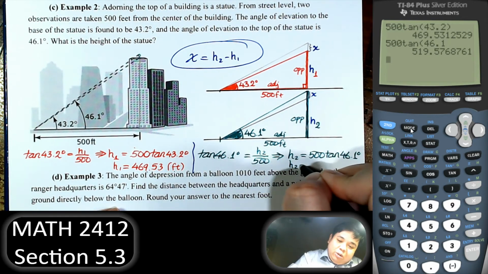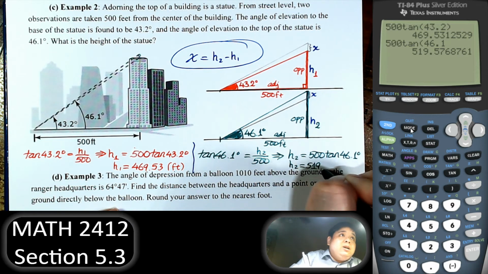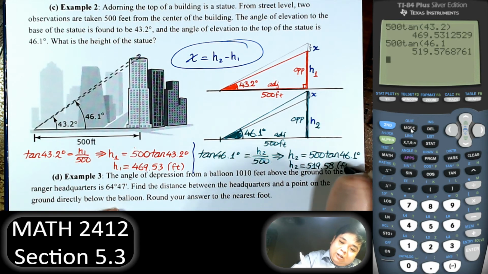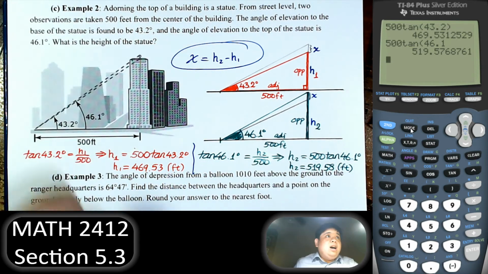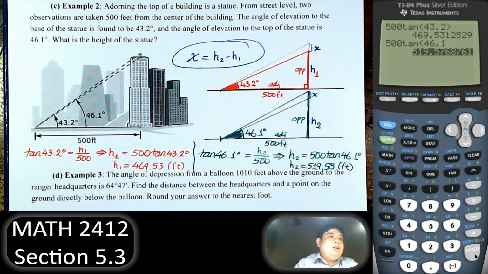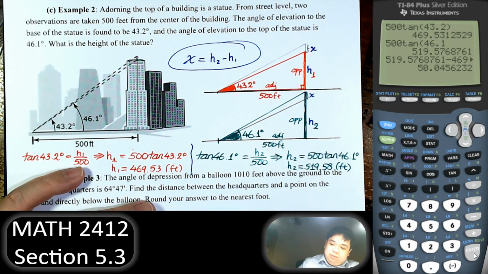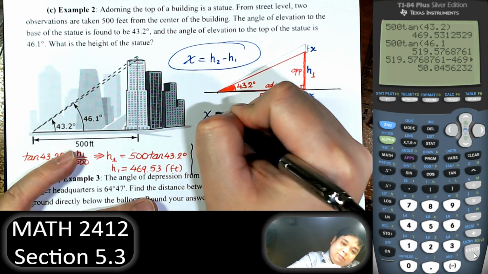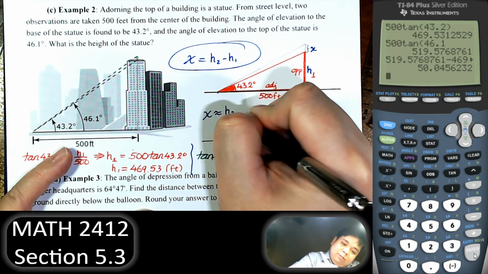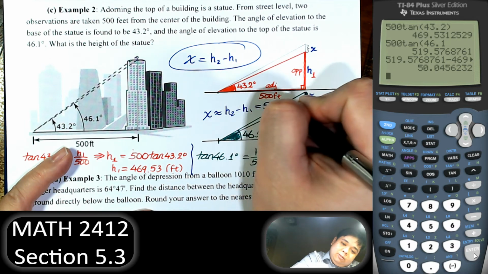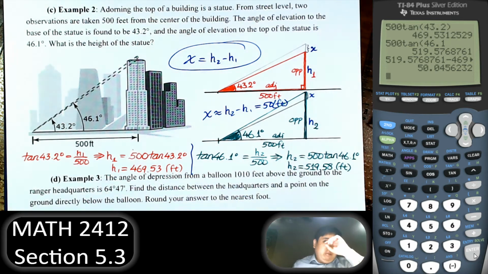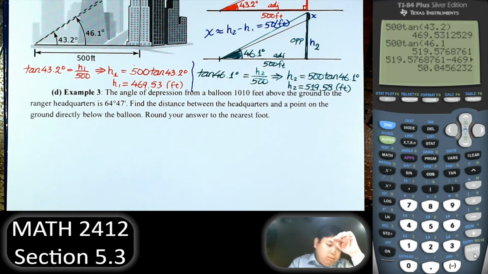So h2 is equal to 519.58 feet. And the height of the statue, we just take these two and subtract those two numbers. So the height of the statue is about 50 feet. Okay, so the statue is about 50 feet. Right, so that's what we have for that problem.